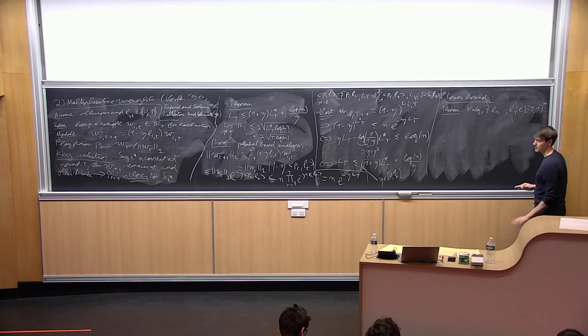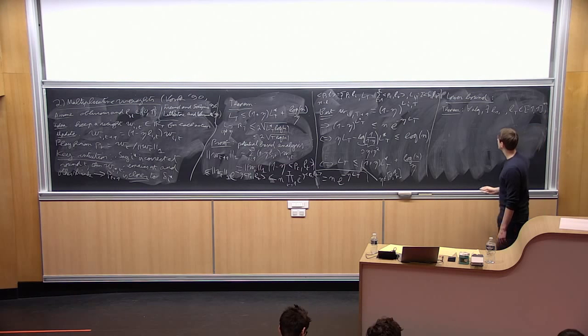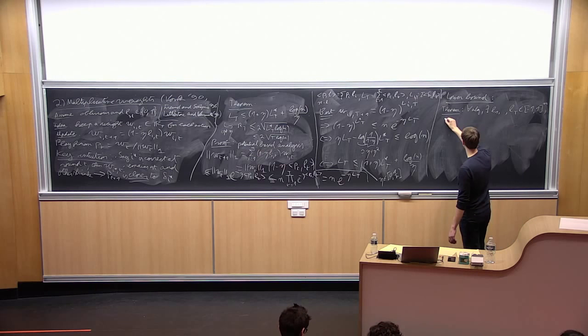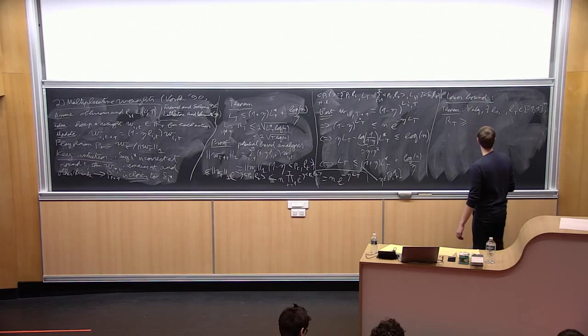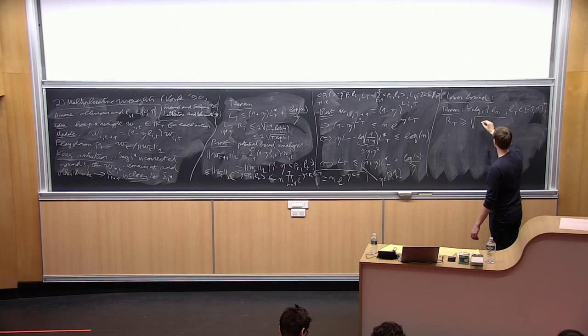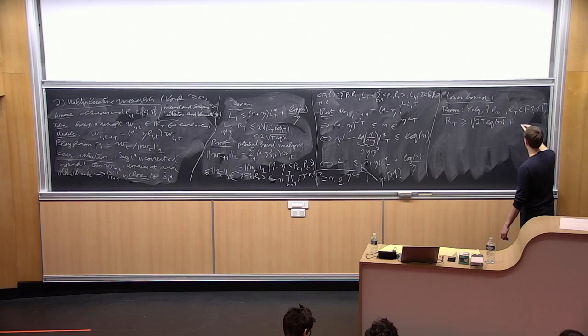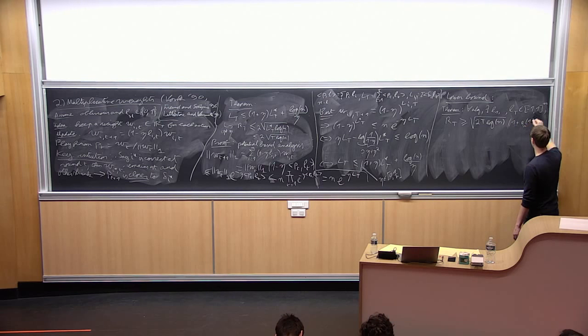Again, this doesn't matter, it will just simplify my proof. Such that the regret is at least square root of 2T log n times (1 + little o of 1), and this is with respect to T and n.